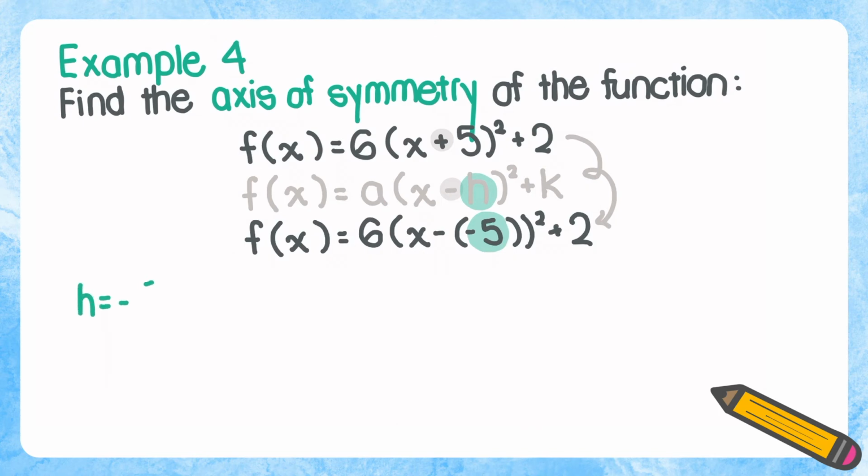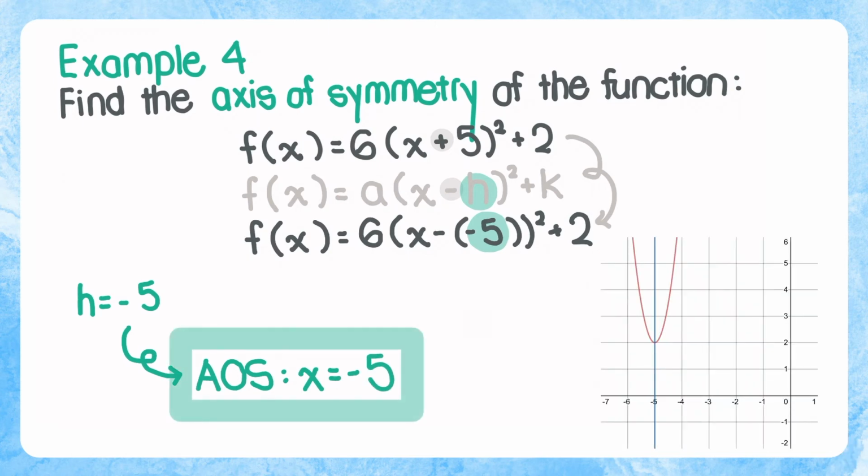So h equals negative 5. This means our axis of symmetry is at the line x equals negative 5. Looking at this graph, we know that we are correct.